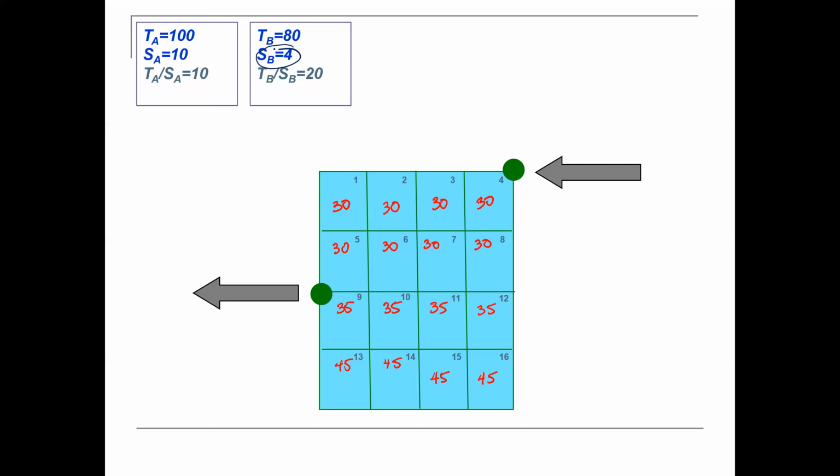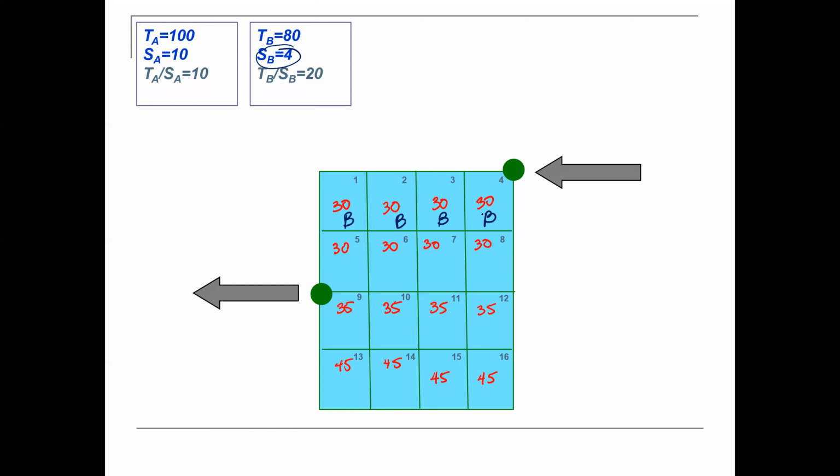So I can put B here, B here, B here, and B here. And now I can use the rest of the cells for A. And remember, we assigned B first because the ratio TB over SB for product B is higher than the ratio for TA over SA.